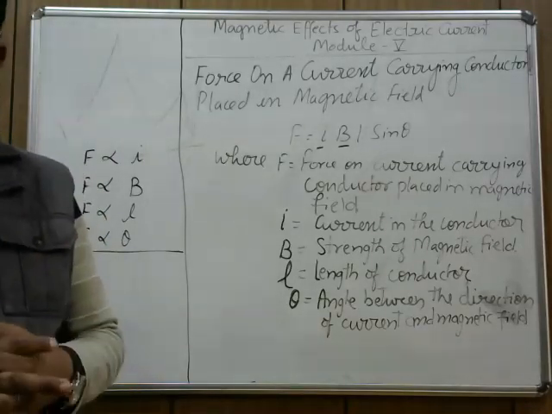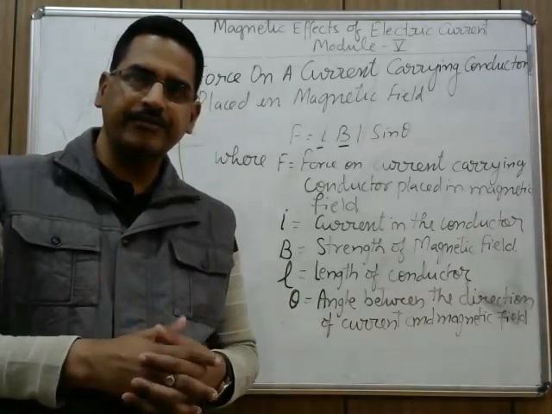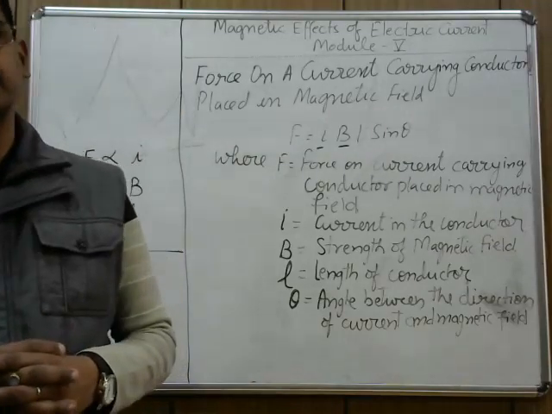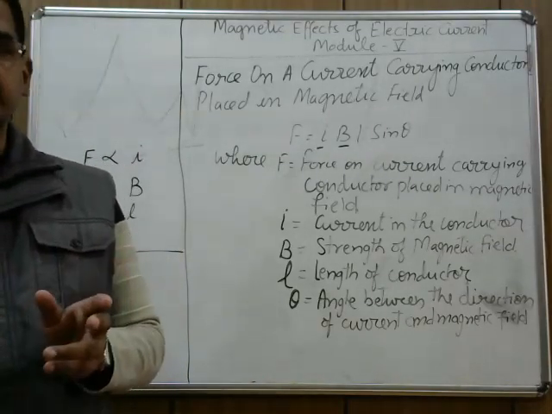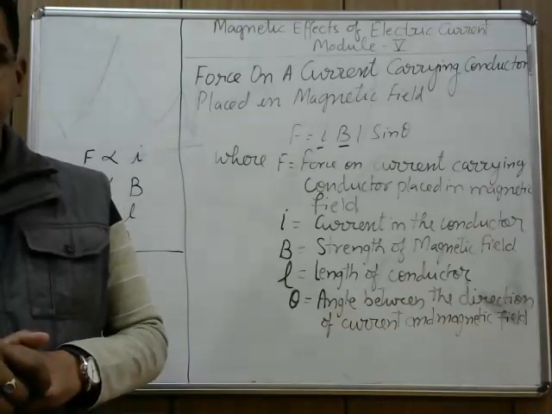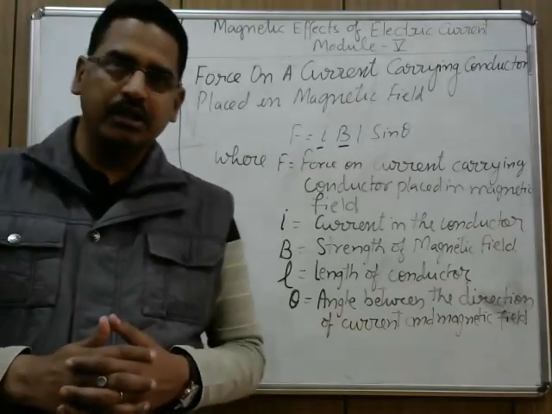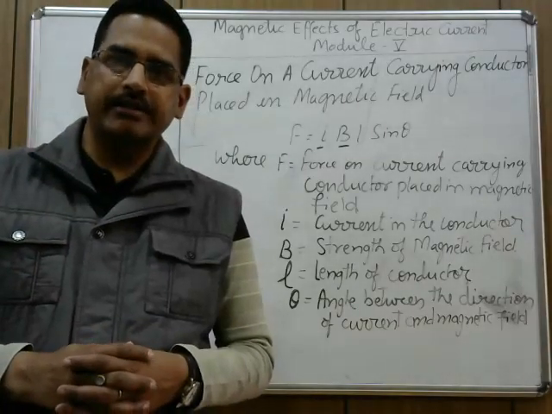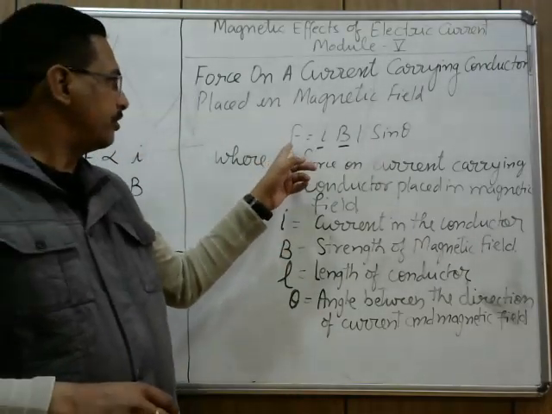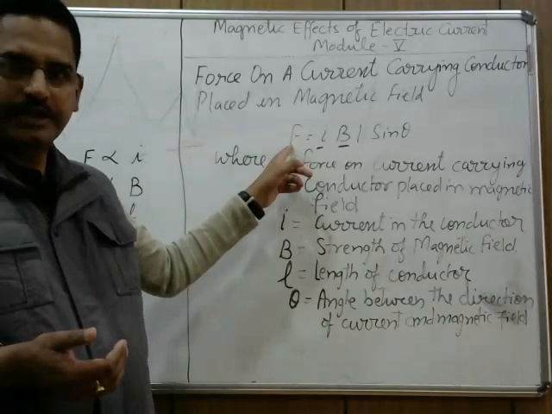If you change both the two simultaneously, there will be no change in the direction of force. That's why I said either you change the direction of current or you change the direction of magnetic field. If you are changing both at the same time, there will be no change in the direction of force. Reason being, suppose force is initially in the north direction.